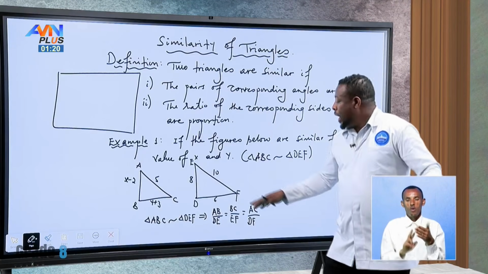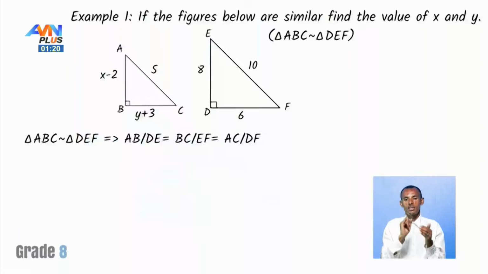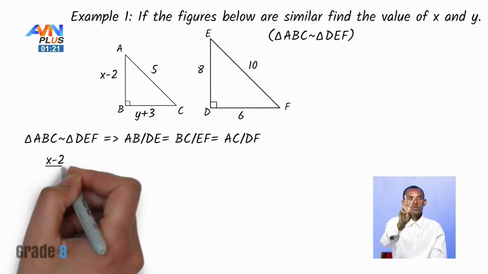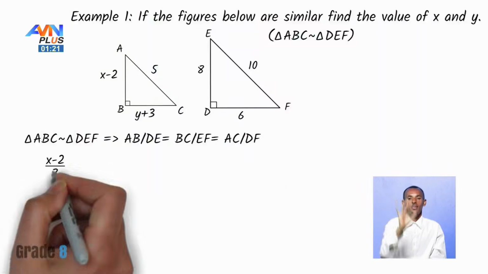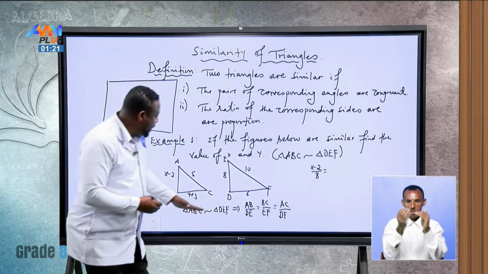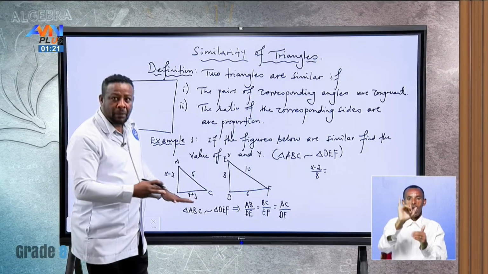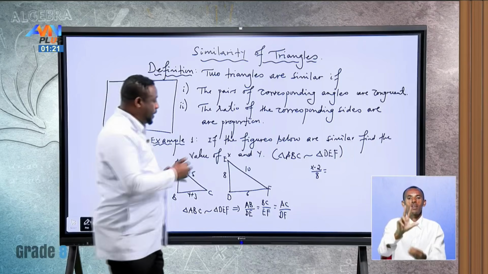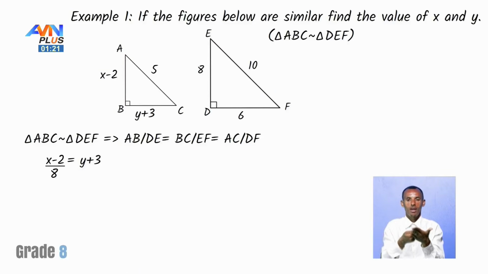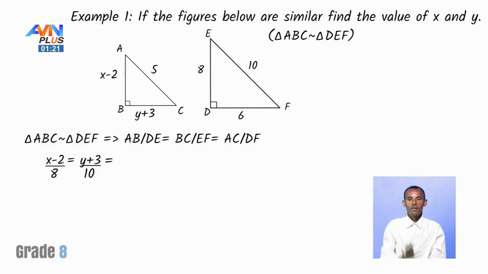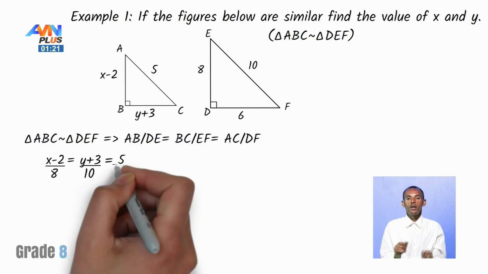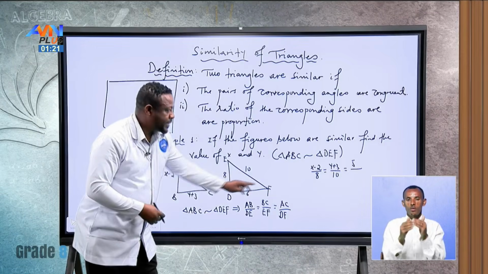From this ratio, AB is x minus 2 over DE is 8, okay? DE is 8, and BC is y plus 3, then you can write here y plus 3 over EF is 10, and AC is 5 over DF is 6, okay?